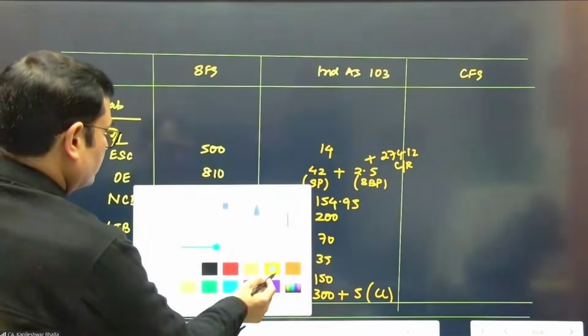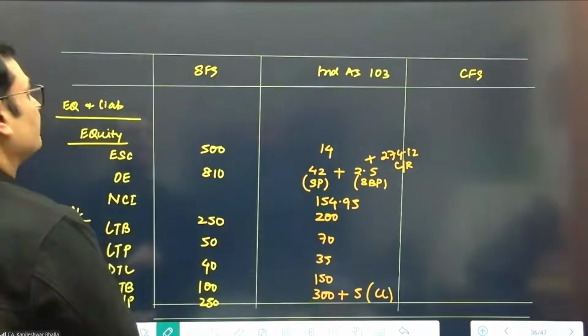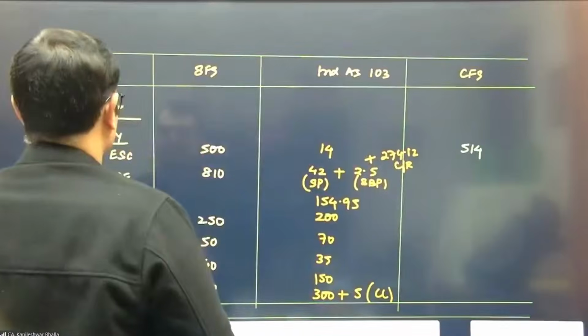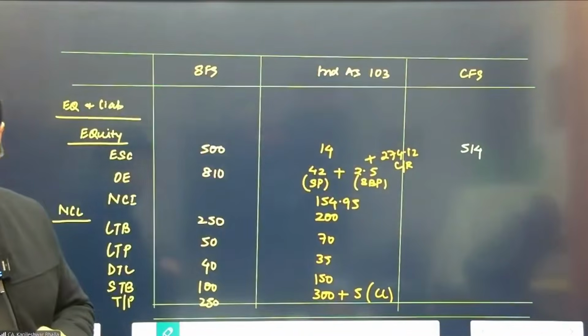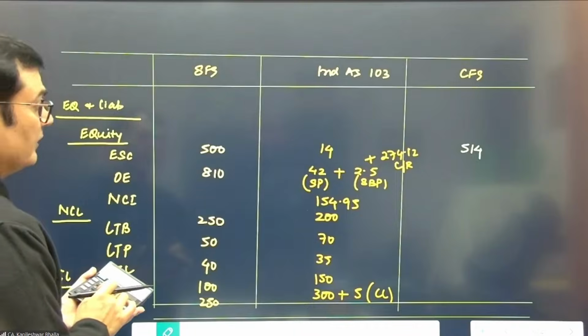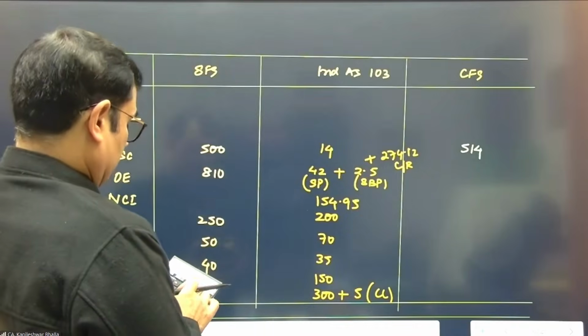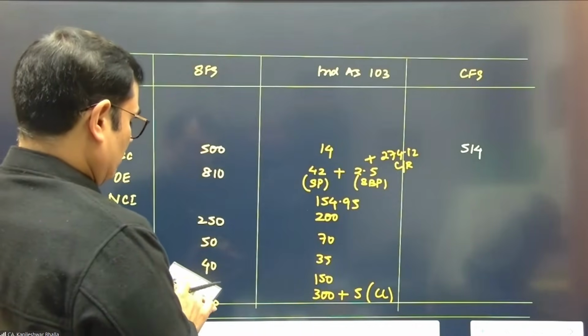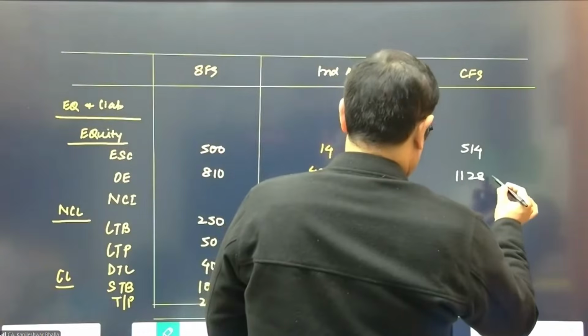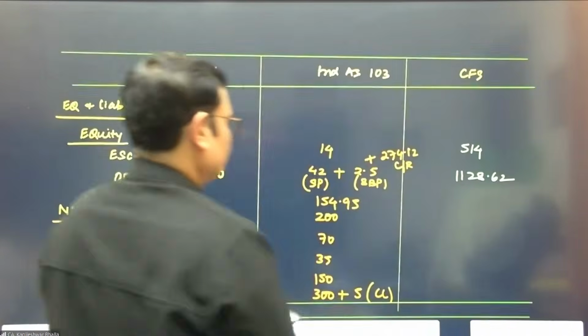So let's make the consolidated financials in this case. So the equity share capital is 514. Other equity, we just need to add all this: 810 plus 42 plus 2.5 and 274.12. This comes to 1128.62.